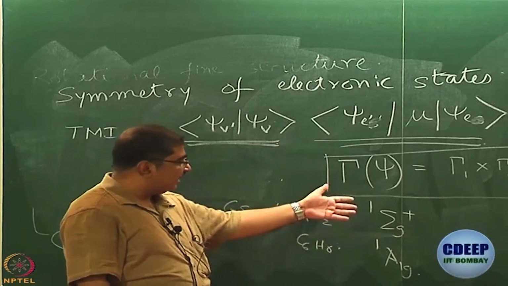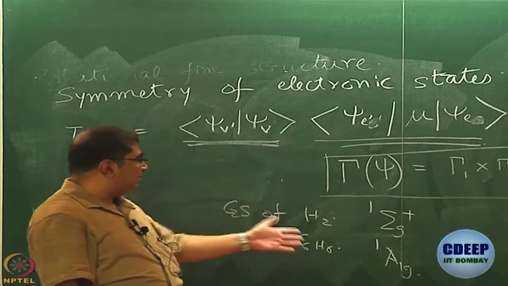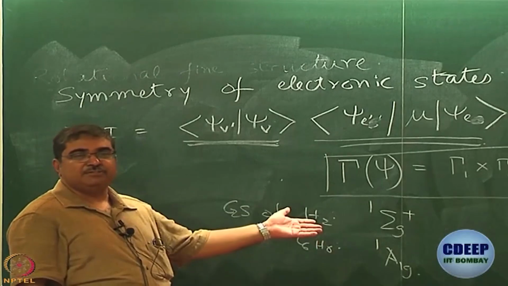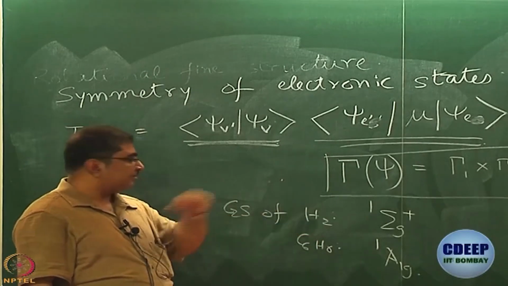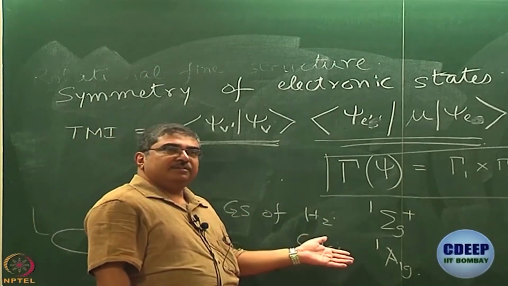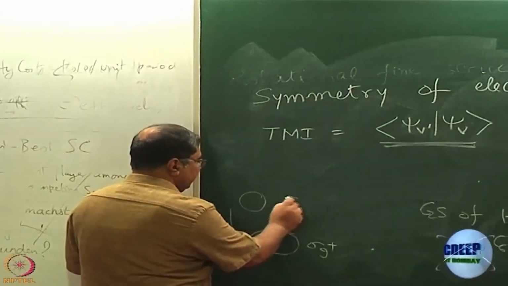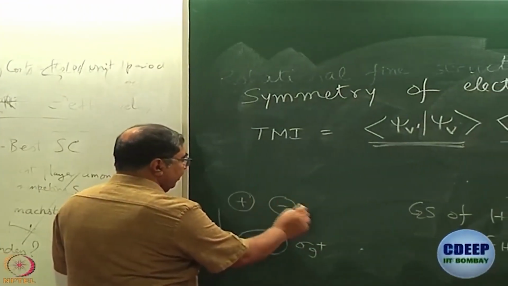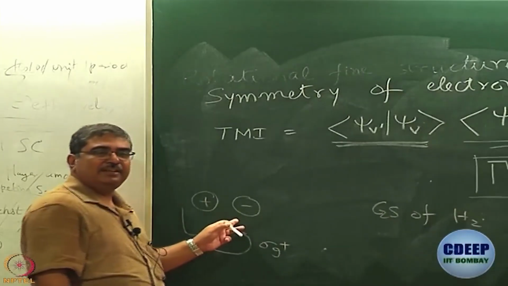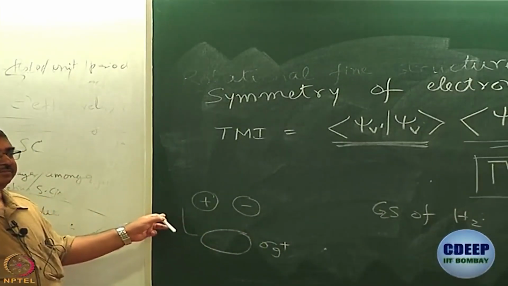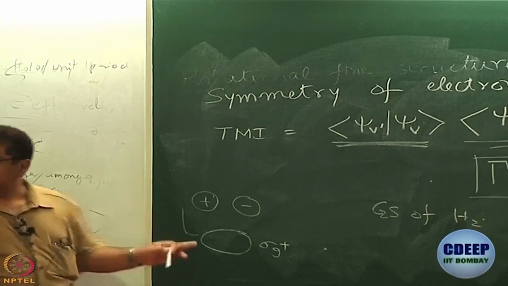So, these are the terms: singlet sigma g plus in case of H2, singlet A1g in case of benzene. What about He2, if it is there? For He2, what is the symmetry of this orbital? The character table is there.